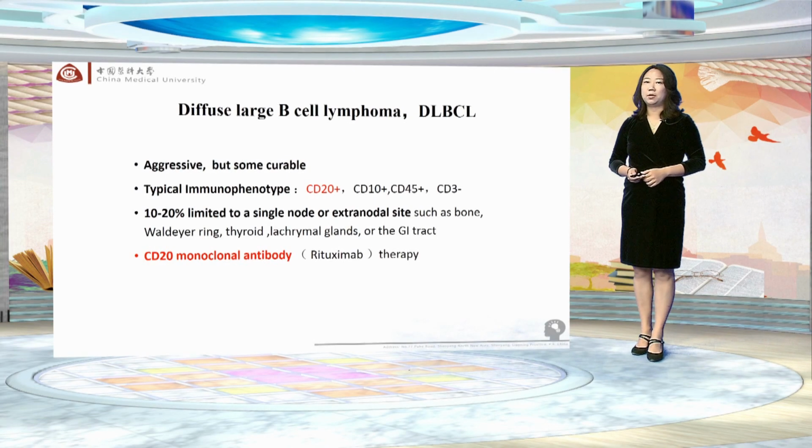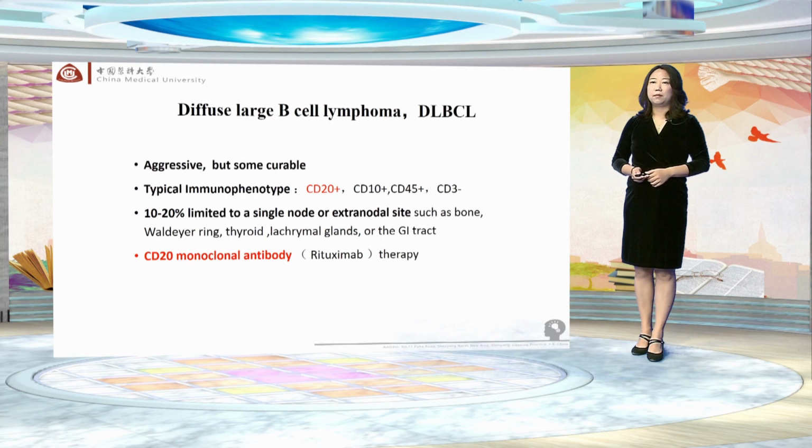Diffuse large B-cell lymphoma is aggressive, but sometimes curable. Typical immunophenotype is CD20 positive, CD10 positive, CD45 positive, CD3 negative. 10 to 20% are limited to a single nodal or extranodal site, such as bone, Waldeyer ring, thyroid, lacrimal glands, or the gastrointestinal tract.